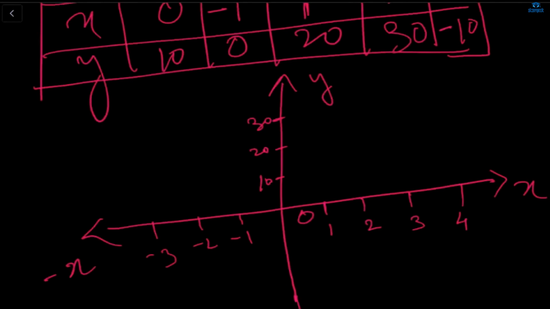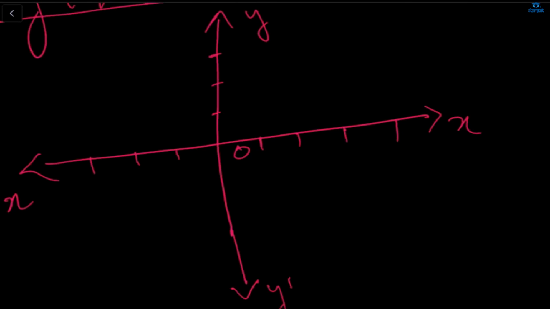It's distorted very much, ma'am. So the graph is very much distorted. Yeah, actually. That's why I'm saying I'm going to take 5 units.